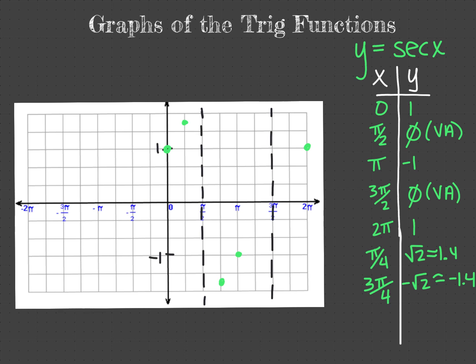Then at 5 pi over 4, right here, our secant value is the same. It's negative root 2. At 7 pi over 4, our secant value is positive root 2 or positive 1.4, somewhere around here. If we continue doing this, we would see, and also because secant, like cosine, is an even function, meaning it's symmetrical about the y-axis, we can see that what happens is we get these little arcs here.